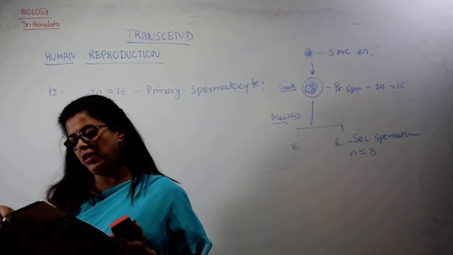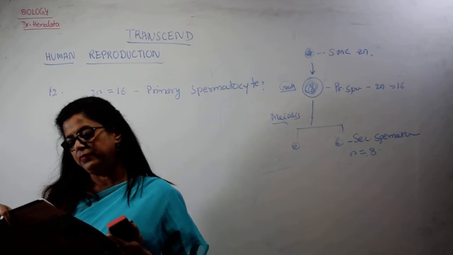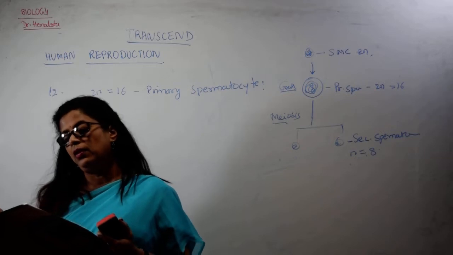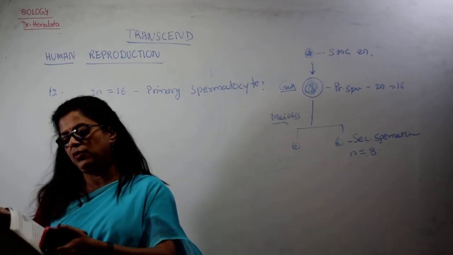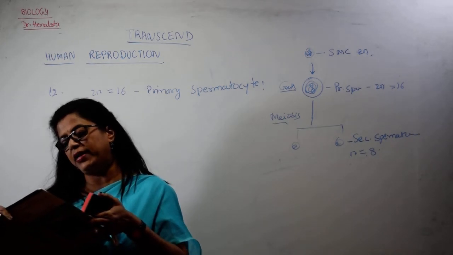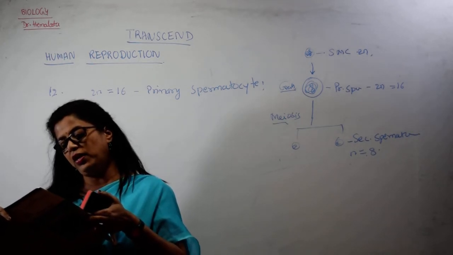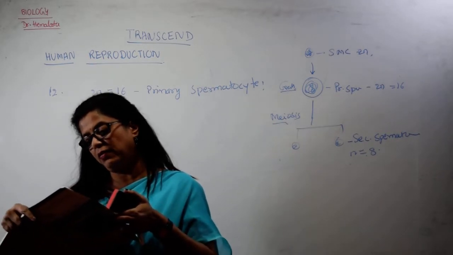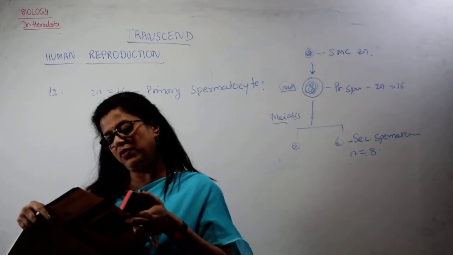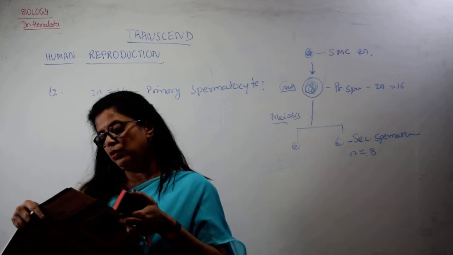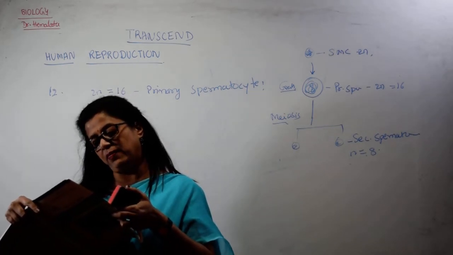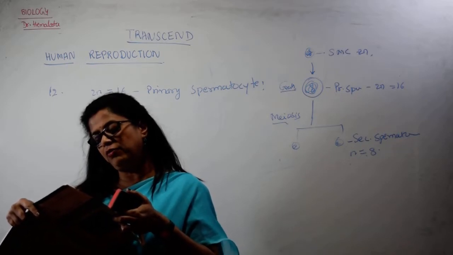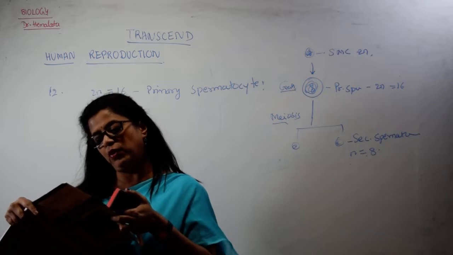The given figure depicts the diagrammatic sectional view of the human female reproductive system, and you have to identify what 1, 2, 3 and 4 are representing. 1 is the perimetrium, 2 is the myometrium, 3 is the infundibulum, and 4 is the fimbriae.